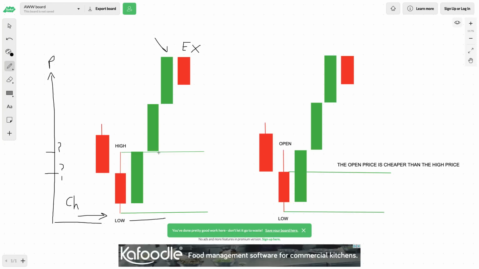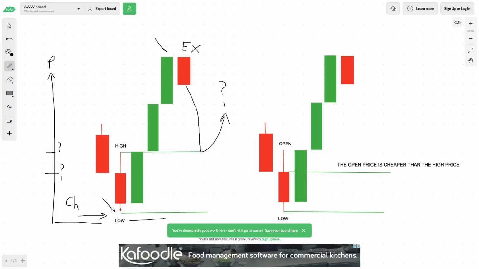So for me, while prices may come down to an area and you may draw your demand zone here and prices may work, was it the best price? Was it the cheapest price you could have got in at? The cheapest price is obviously going to be at the absolute low. And this is proof of value.